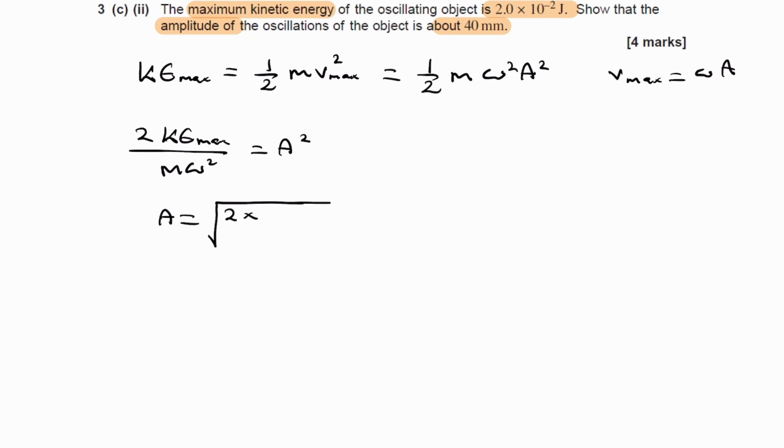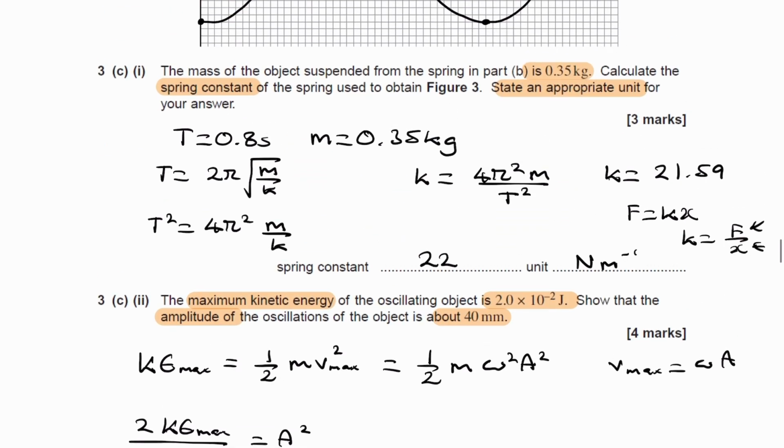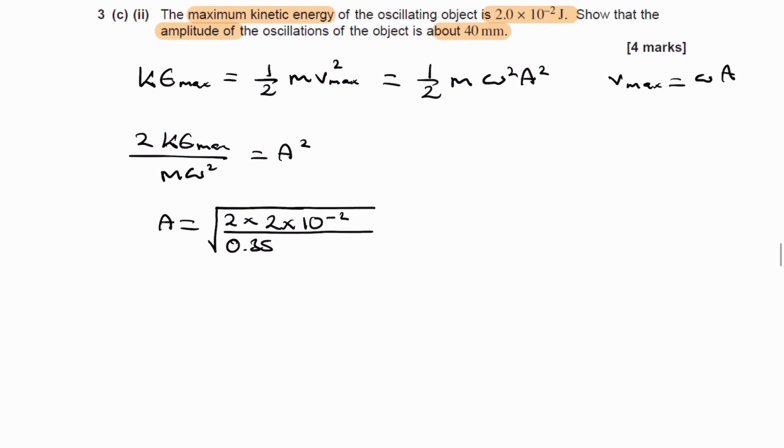A is then equal to the square root of that. So 2 times, kinetic energy is 2 times 10 to the minus 2, divided by m, which was 0.35. We had that earlier. That was the mass given over here, 0.35, and then multiplied by omega squared. So omega is 2 pi f, or 2 pi over T. T was equal to 0.8.